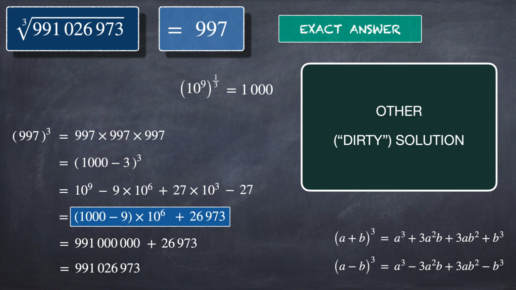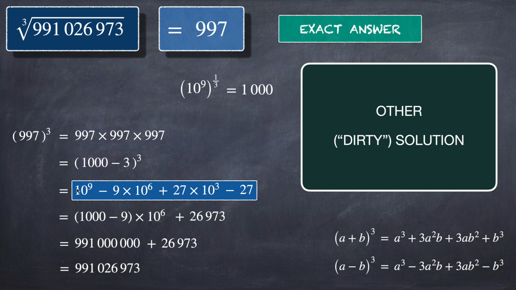And then more magic here, and you will see that this 26,973 is the same as 27,000 subtracted by 27. And you are going to write this as 10 to the third times 10 to the 6, which is 10 to the 9, subtracted by 9 times 10 to the 6.